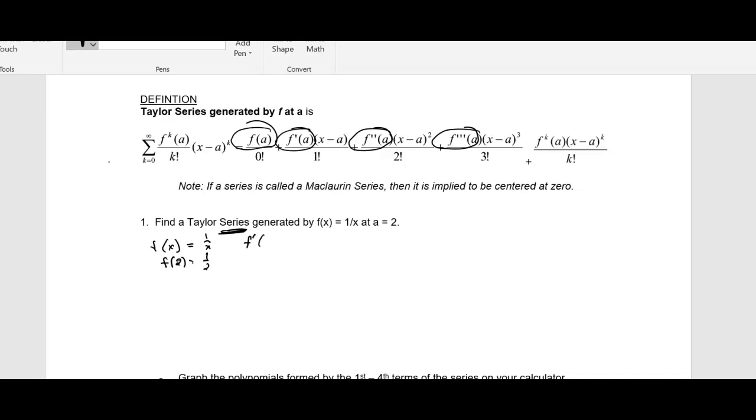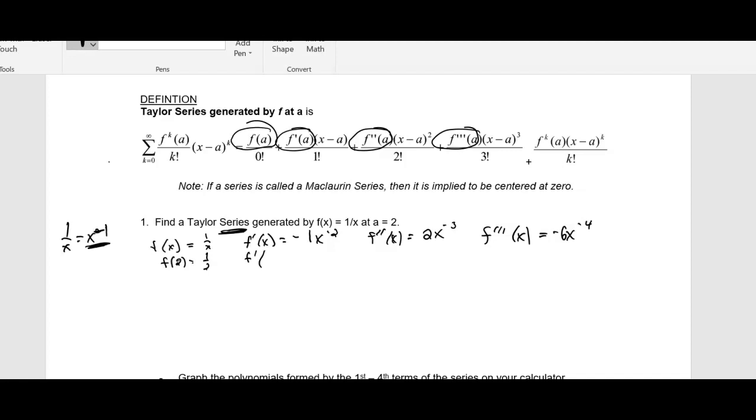If I want the first derivative, think about 1 over x as x to the negative 1 for all these derivatives, and it'll make it a little easier. So the derivative of x to the negative 1 would be negative 1 x to the negative 2. If I want the second derivative, that's 2x to the negative 3. And a third derivative would be negative 6x to the negative 4th.